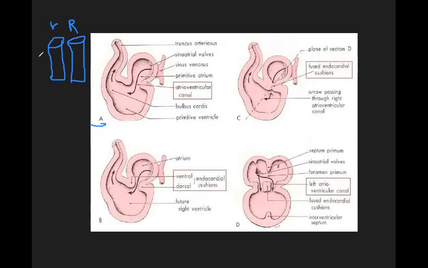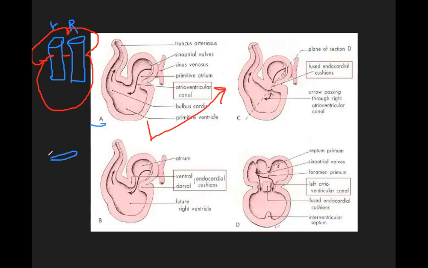This is atrial and this is ventricle. But you see, we don't have a division in between them. So this is what we need to make. So we will go from this picture to this picture then. How will these two chambers form? Initially, it was one cylindrical body, as I showed you.